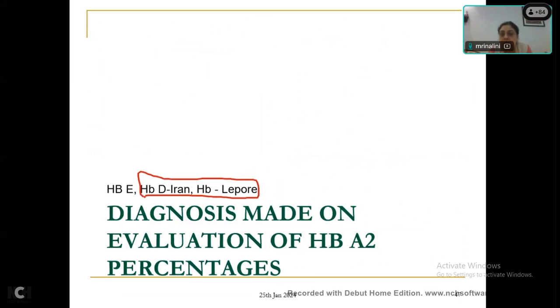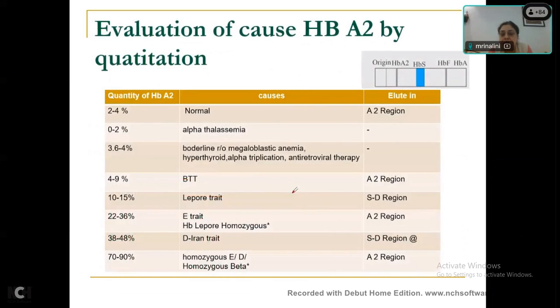For the answer to this question, I would like you to have a very good look at this table. There are various quantities of HbA2 given. The normal HbA2 is between 2 to 4%, and if it is less than 2%, then you should start suspecting alpha thalassemia.